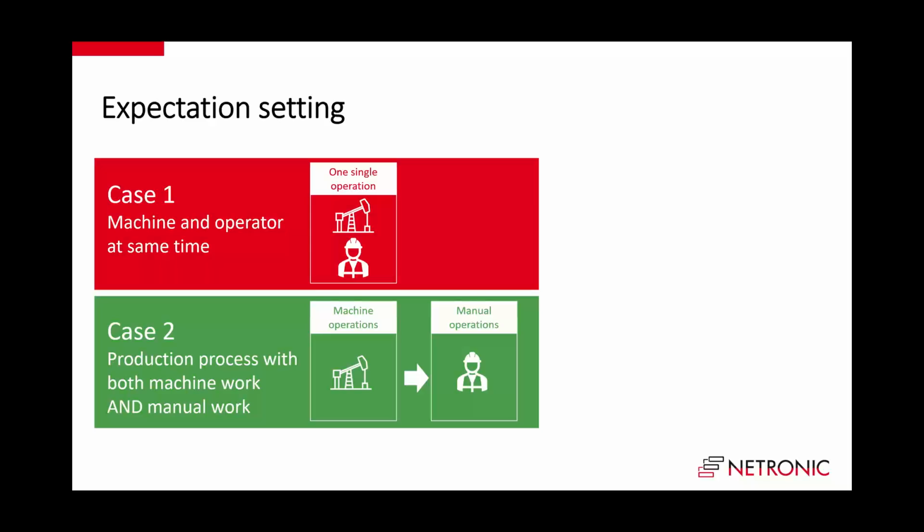And then once this is done, most likely we will have some manual operations. There might be some assembly work, or there might be some welding work, or there might be some welding first and then some assembly, and afterwards some quality control and some packing and things like this.